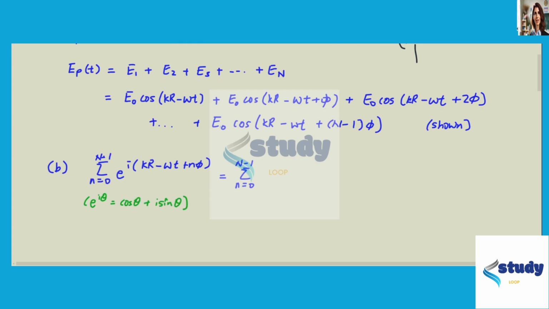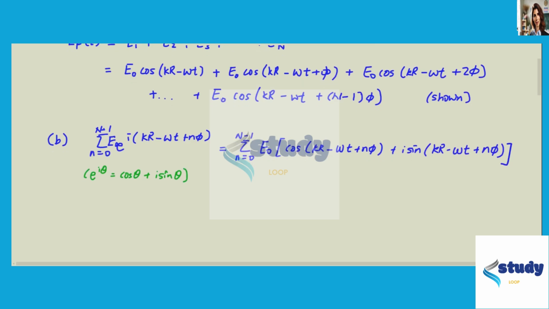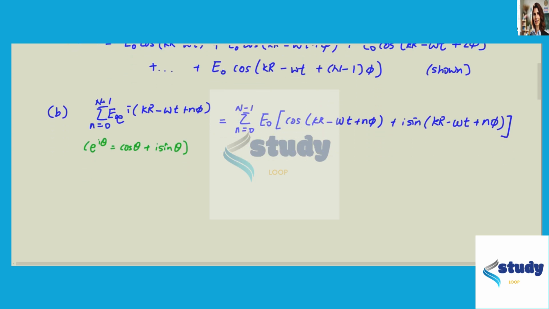You can use this relationship and write E naught cosine of kr minus omega t plus n phi plus i sine of kr minus omega t plus n phi, and then take the real part of the summation.